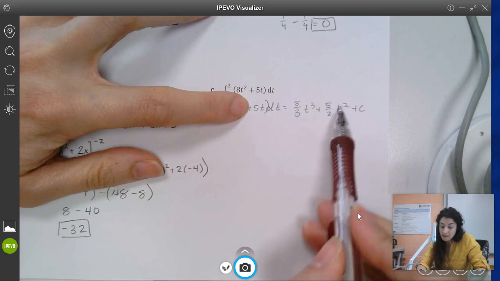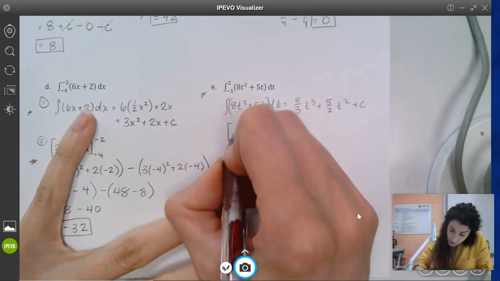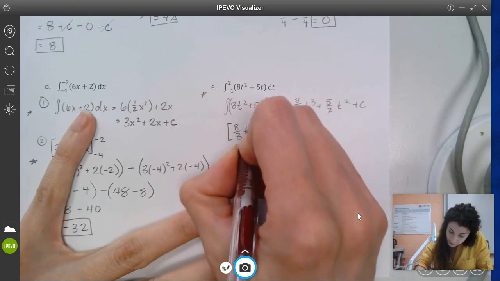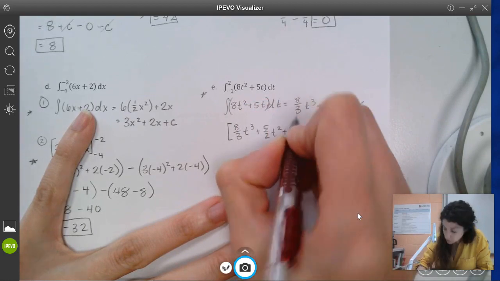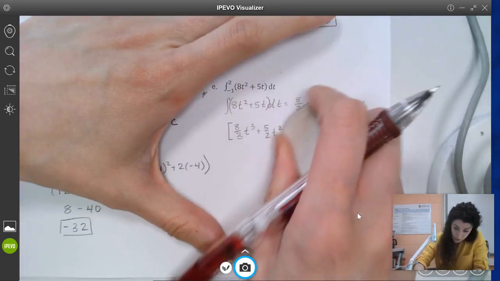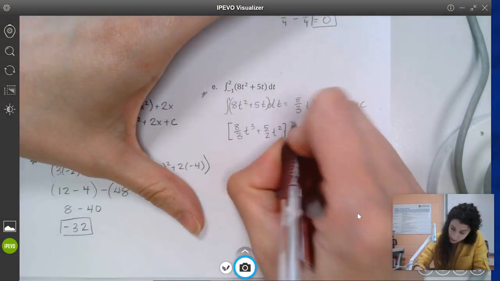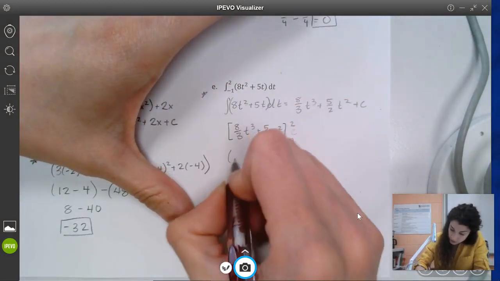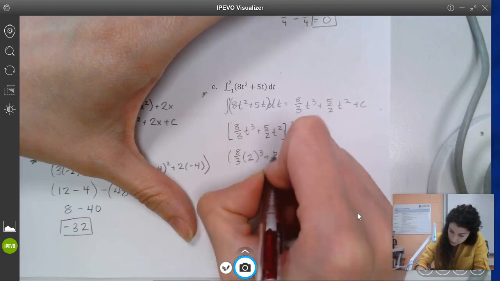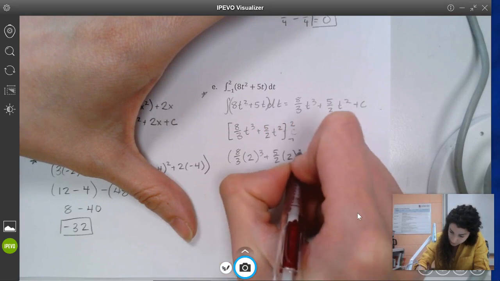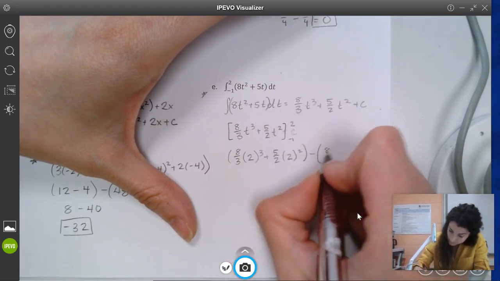Going up by 1 makes it squared, divide by 2, plus C. And then we need to evaluate that integral, without the C, because it just cancels out, from -1 to 2. We plug in 2 first, and then subtract out when we plug in -1.